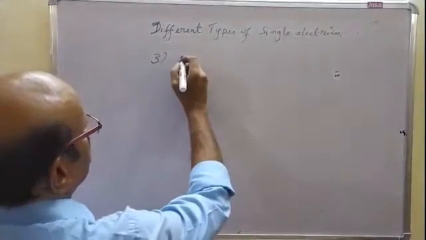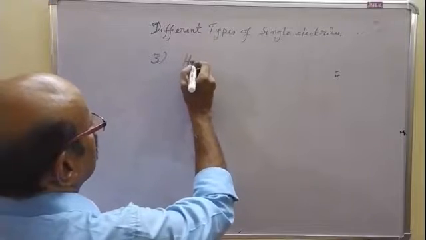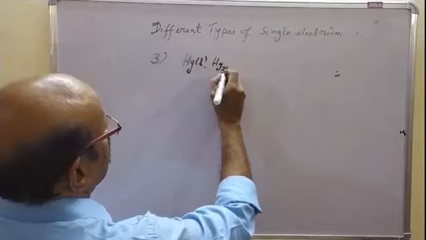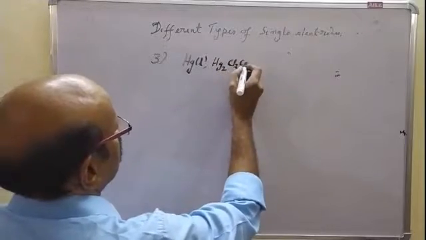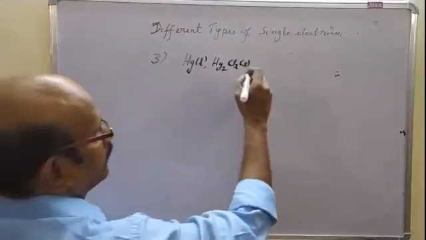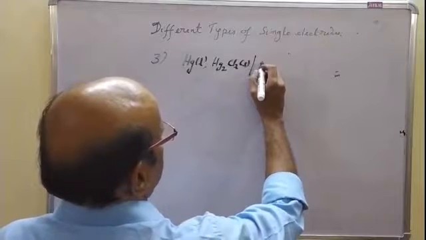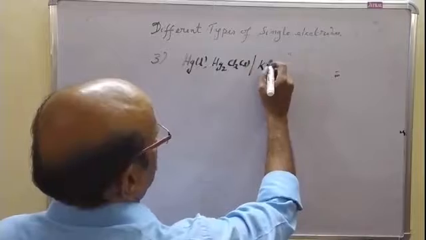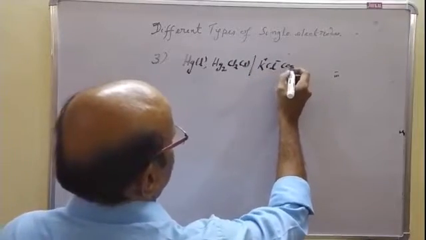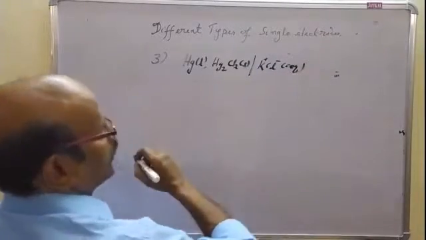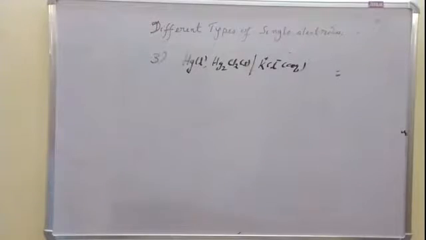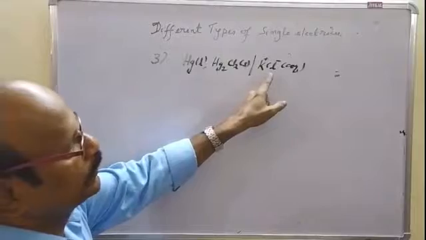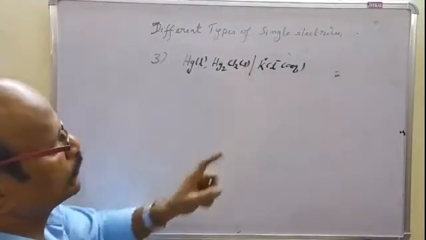For example, Hg metal, with the insoluble metal salt Hg2Cl2, that is solid insoluble salt, calomel, in contact with aqueous KCl, that is Cl minus aqueous solution. This is an example of a metal, insoluble metal salt, and soluble salt of the same anion.